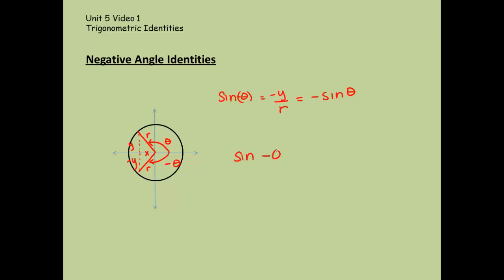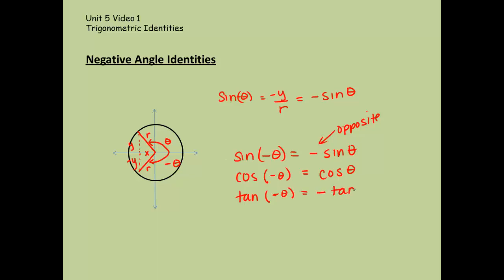The sine of negative theta is equal to the opposite of sine of theta. I'm going to use the word opposite here, not negative. The cosine of negative theta will equal just the cosine of theta. Tangent, very similar to sine: tangent of negative theta is equal to the opposite of tangent of theta. We can look more at those in class tomorrow.